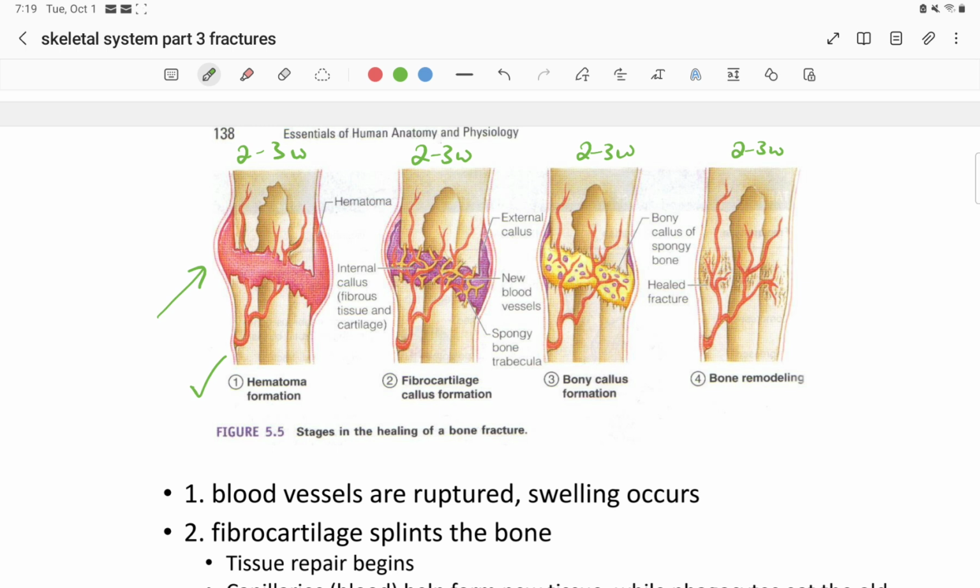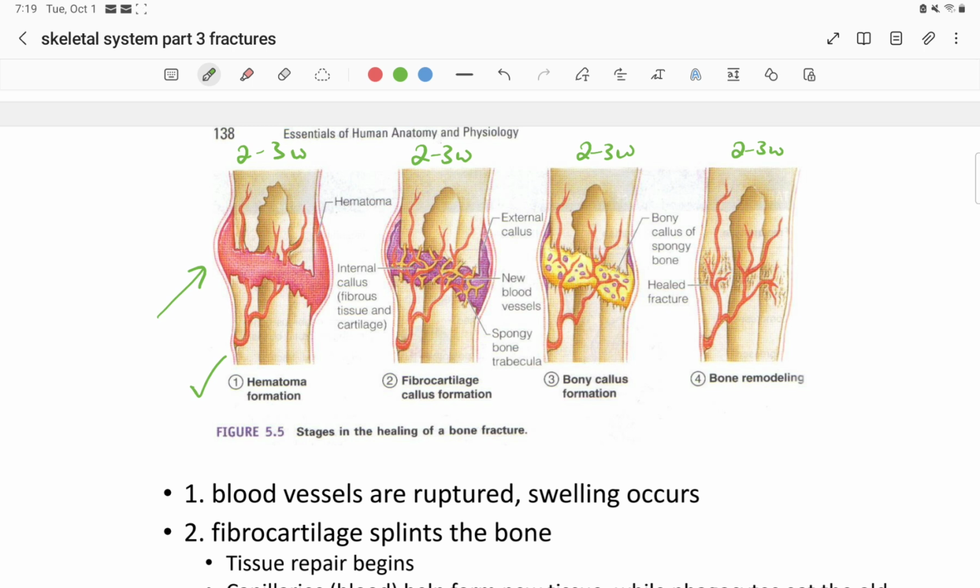And so you're looking at multiple surgeries over a long period of time. So that's not going to heal in 8 to 12 weeks. You're looking at a year plus of a lot of work and therapies and stuff like that. Okay, so that's what I mean by your everyday fractures. You're looking at 8 to 12 weeks.